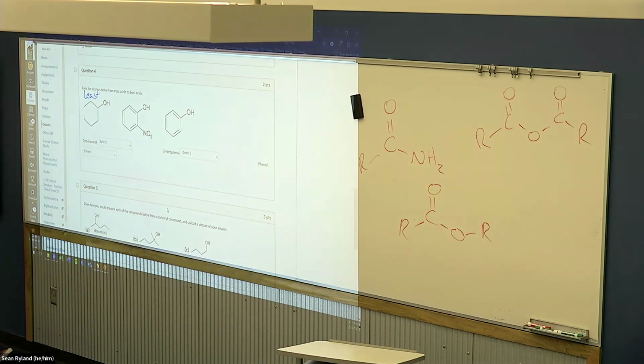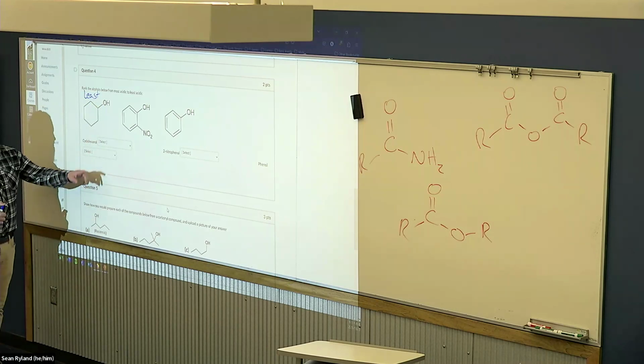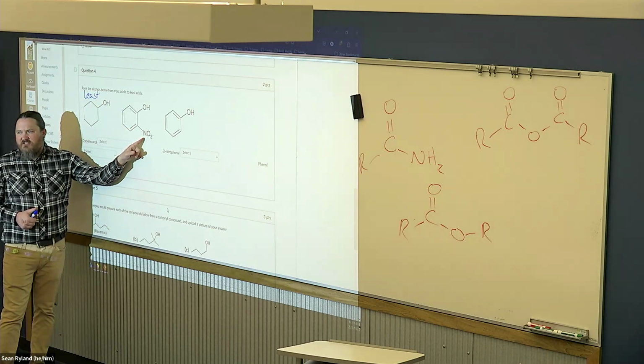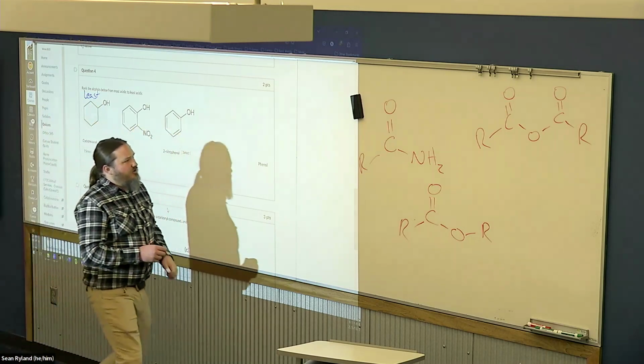And out of these two, I didn't draw out all the bonds for the NO2 group, but what is an NO2 group going to look like in terms of structure?